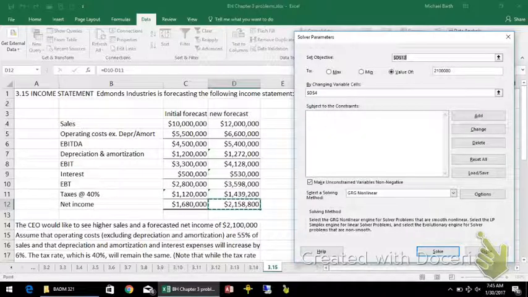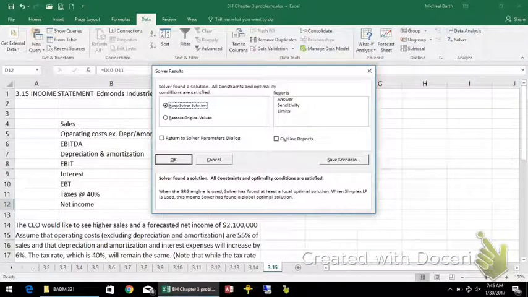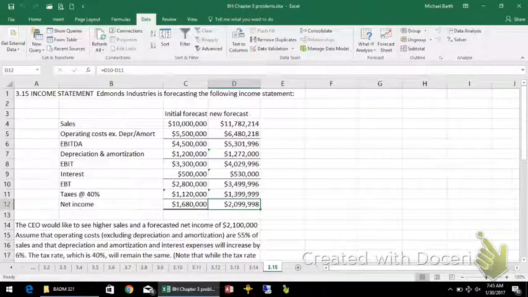If I want to use Solver, I can set this objective function cell equal to a value of $2,100,000, and Solver is going to change cell D4, which is the sales amount, iteratively changing that until it comes up with an answer that meets my criteria. I tell it to go, and we come up with an answer that's slightly off.